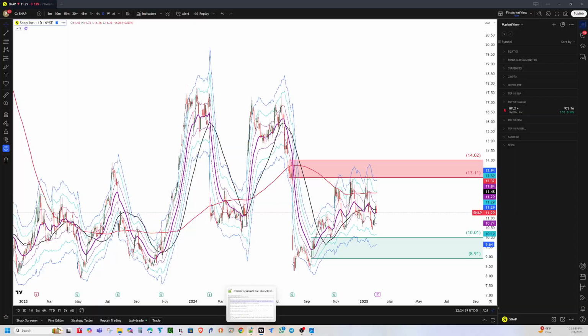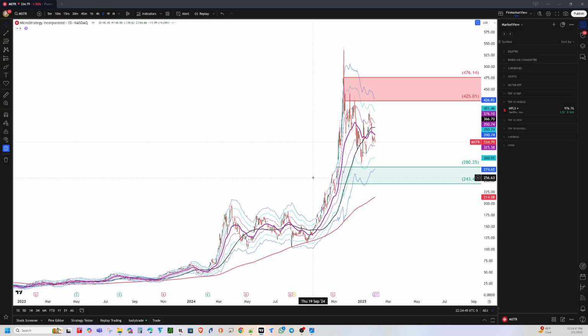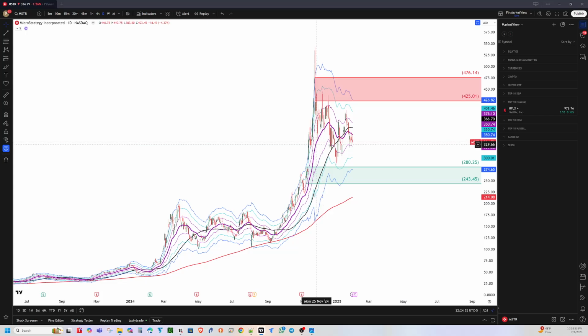Next, MSTR, MicroStrategy. MicroStrategy keeps buying Bitcoin, so the market price is elevated and then it got sold off. Right now it's in the middle of the cluster, trading at 334. Based on the current price, the nearest support is below this low, which is the 280 area. This is where I am looking, and then after the sell-off, the strong resistance is 425, which is the 475 area.